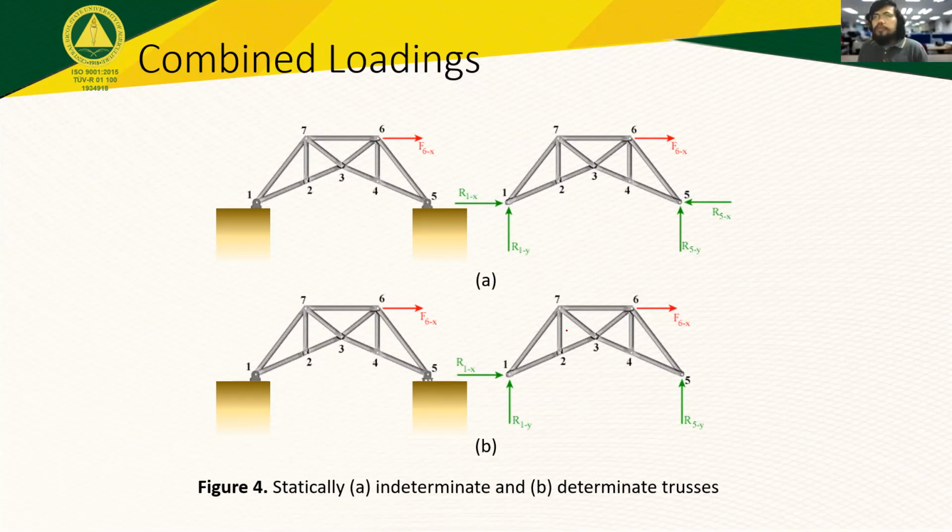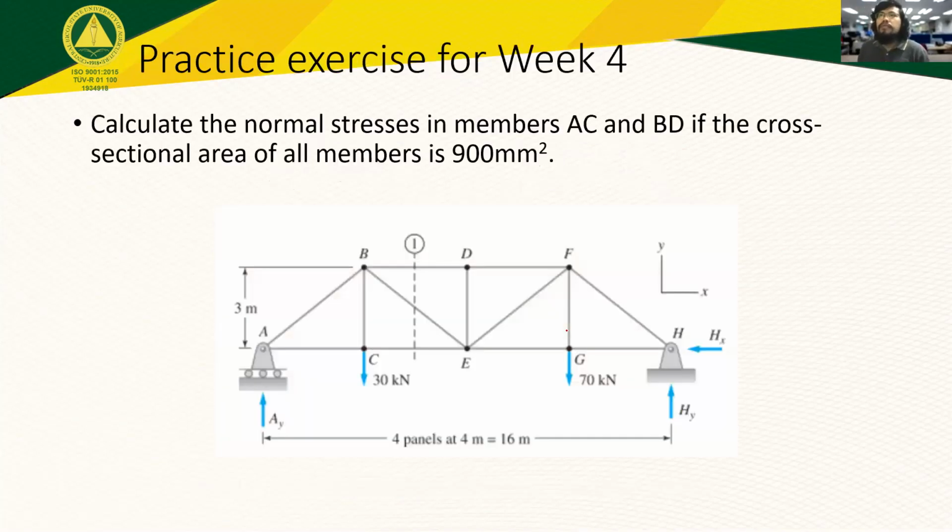All right, let's proceed with the problem. And we have here a truss having a roller support and a pin support in its ends, and 2 forces at points C and G, 30 kilonewtons and 70 kilonewtons respectively.